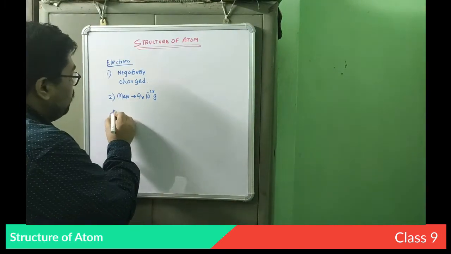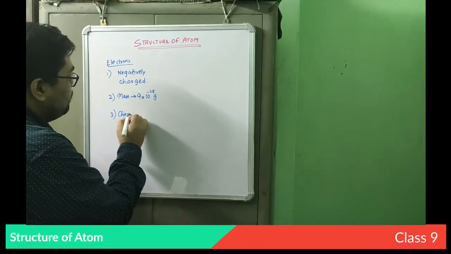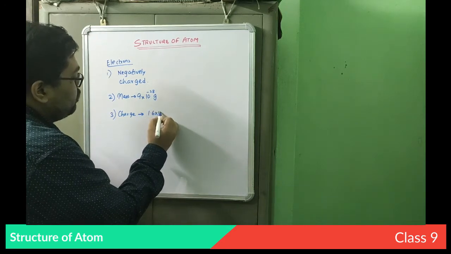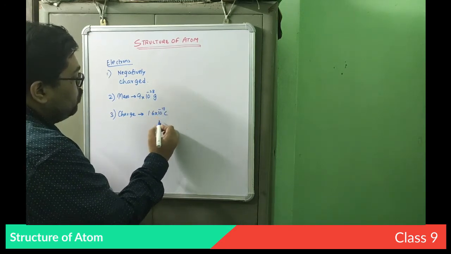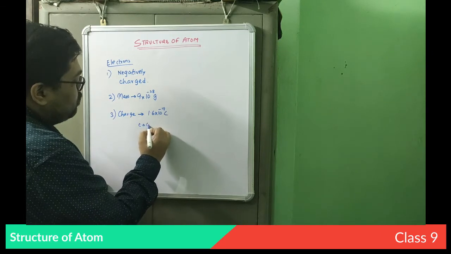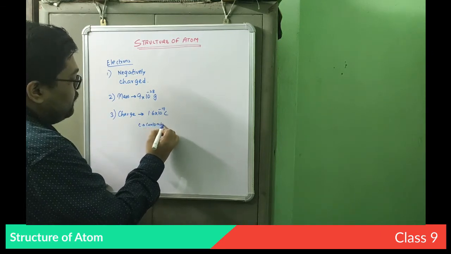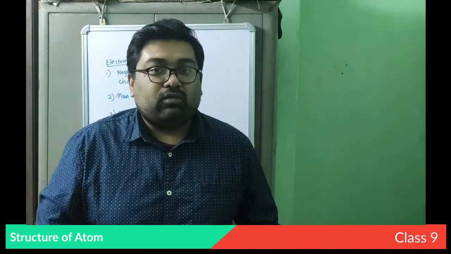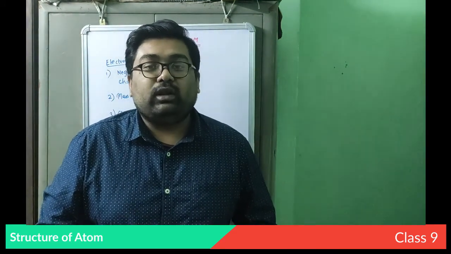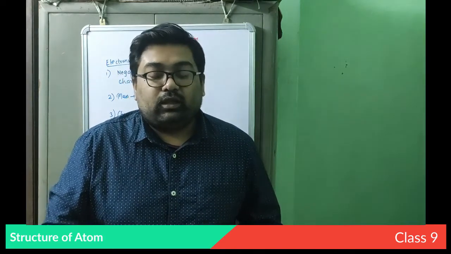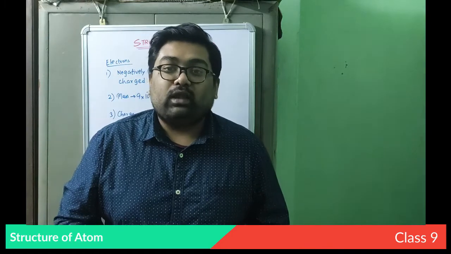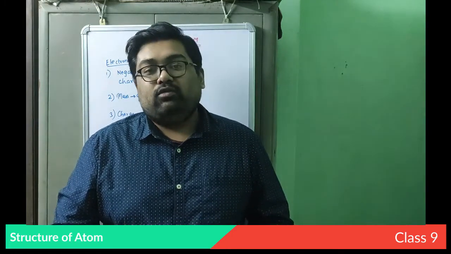And if we talk about the charge of an electron, it is 1.6 into 10 to the power minus 19 coulomb. The C means coulomb. Remember, this charge is actually negative, because electrons are negatively charged particles. That means electrons carry 1.6 into 10 to the power minus 19 coulomb of negative charge.